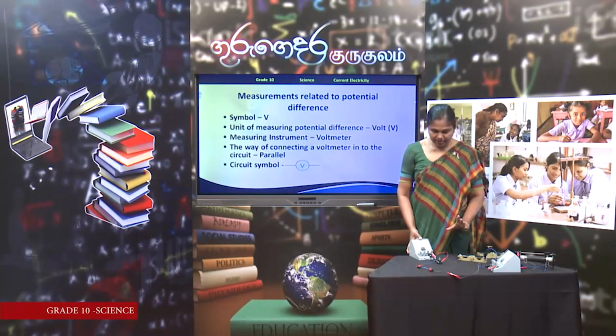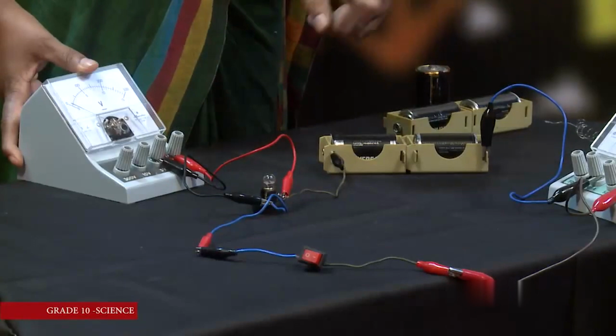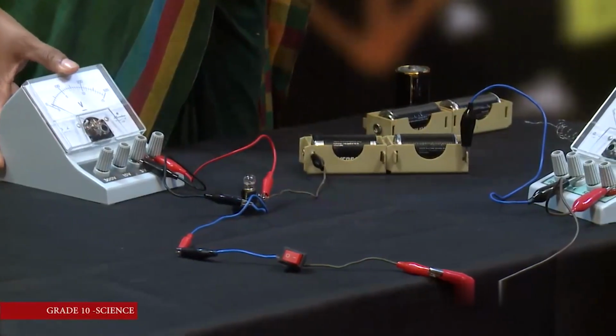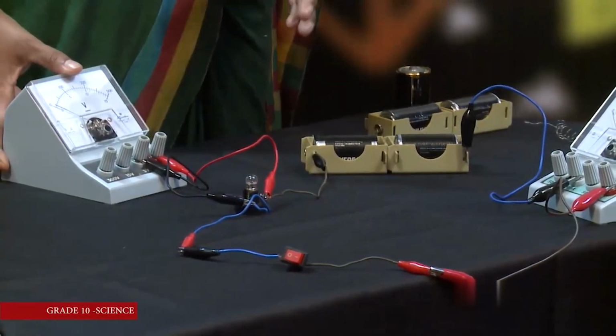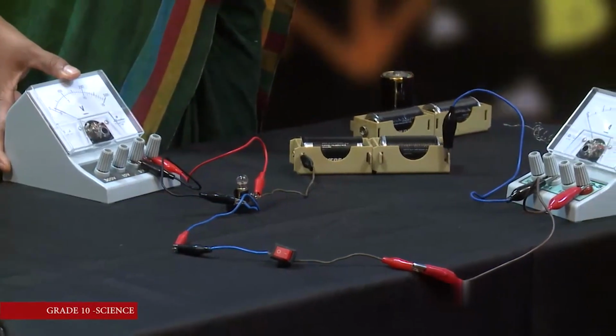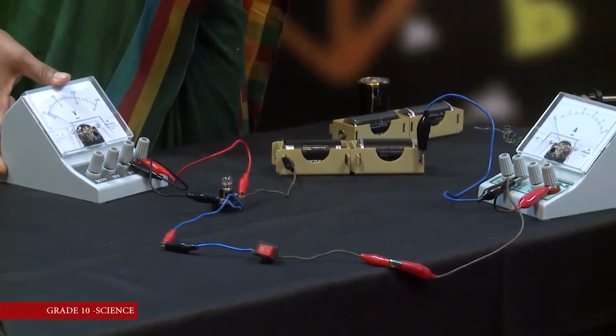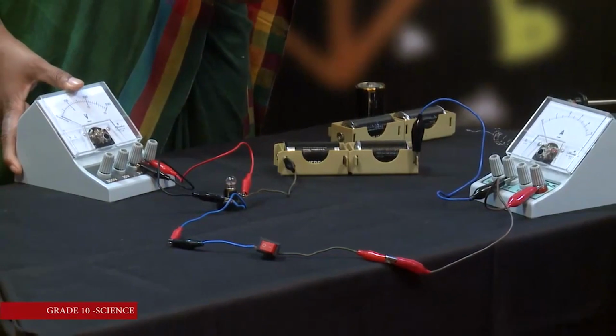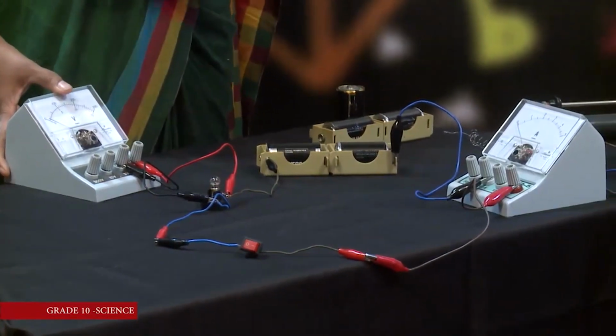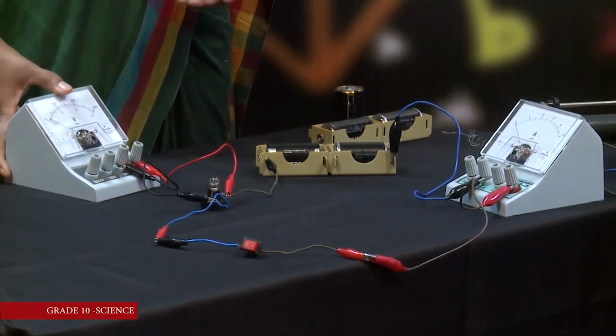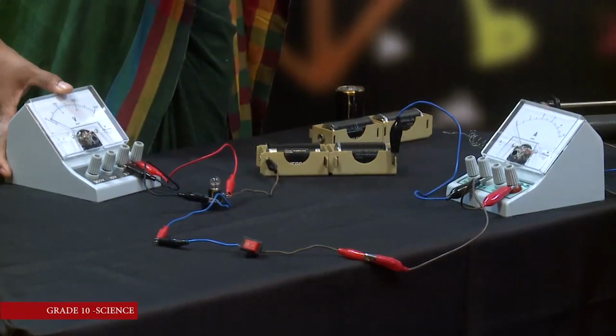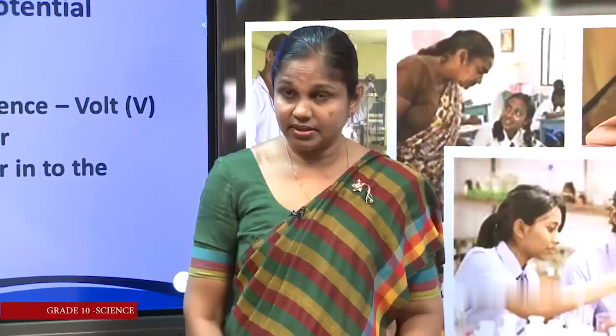Let me explain the reason. Any electrical device like ammeter, voltmeter, bulb or any resistor, there is an internal resistance in any electrical device. When the internal resistance is higher, then it consumes more current.